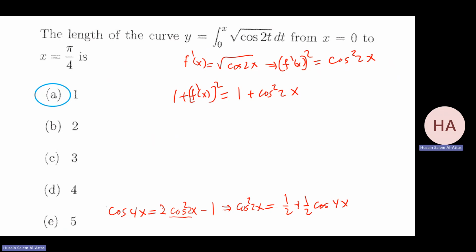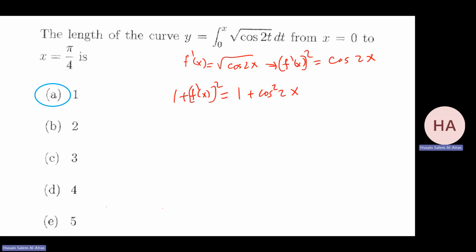No, that will not help. I need this under the square root. F prime, no square here. I'm gonna get the square. The square will kill the square root.